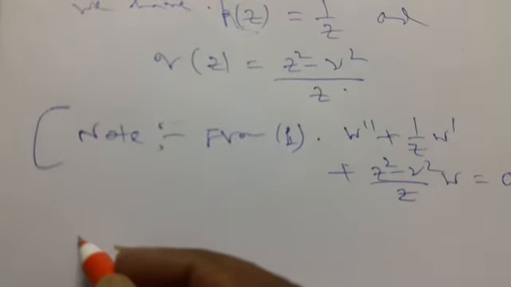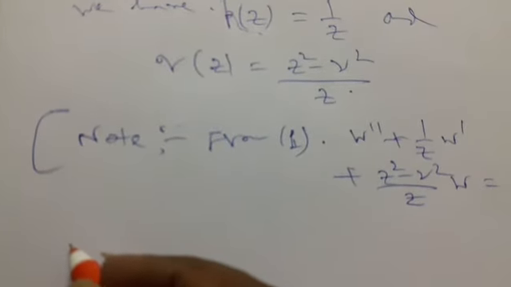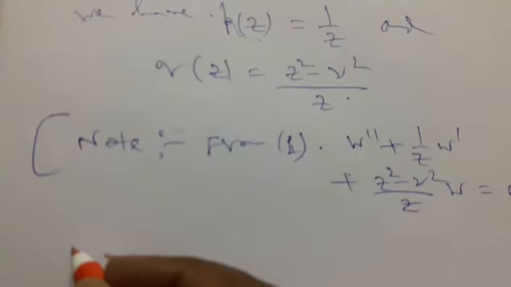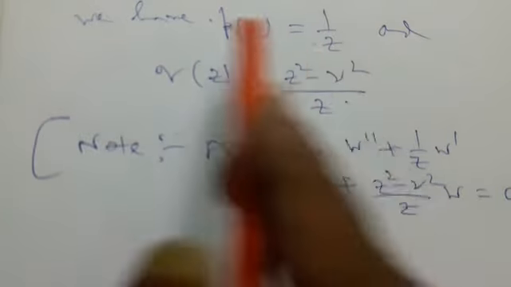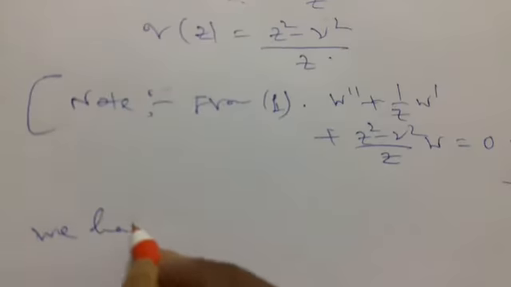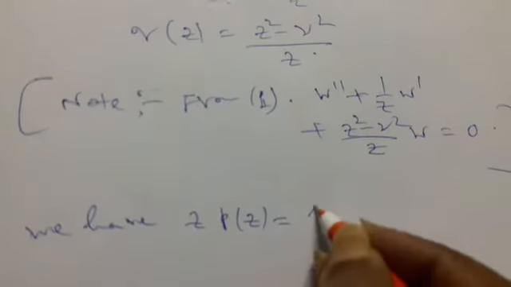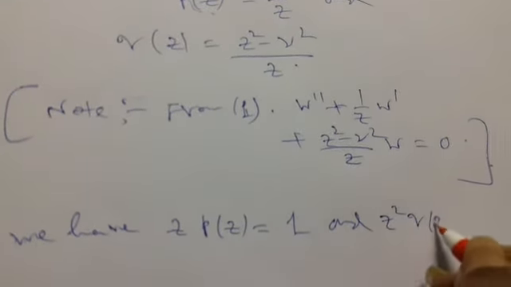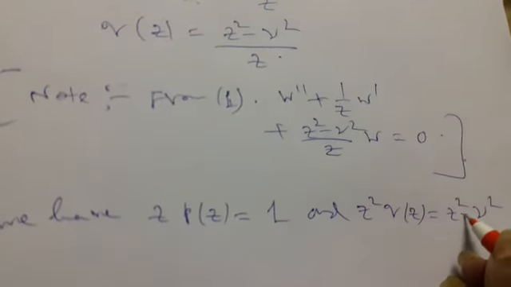And now we are going to the concept of some complex analytic functions. We recall it in reference to any standard book of complex analysis, and we consider the products z p(z), which is equal to 1, and also z square q(z), which equals z square minus gamma square.